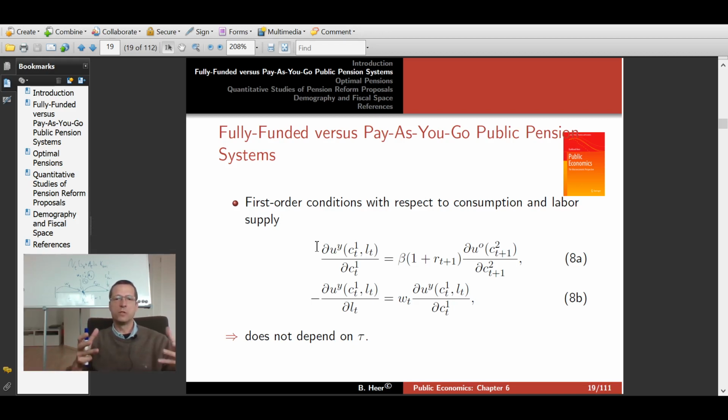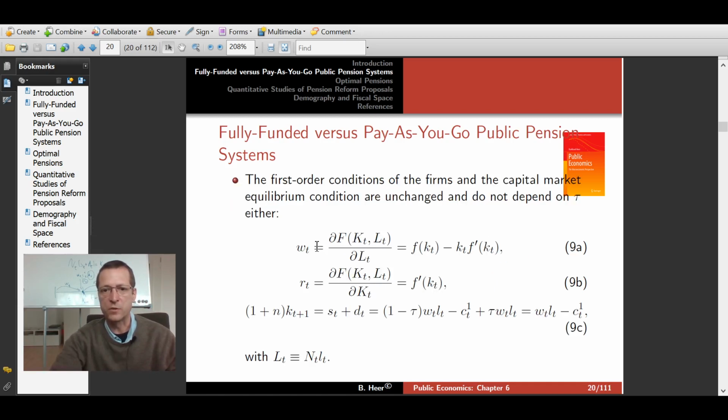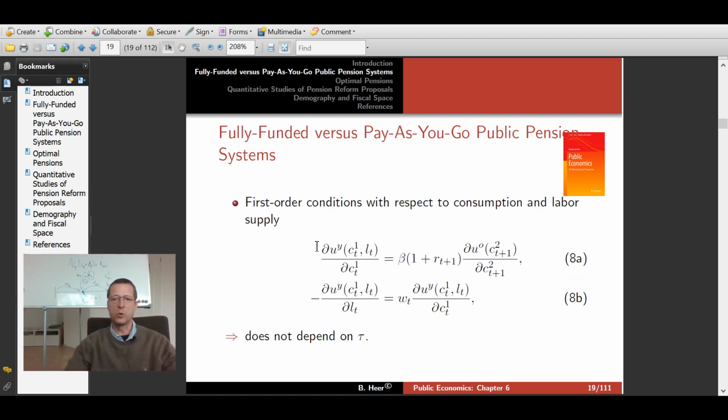Again, marginal utility from consuming 1 unit today, that's the left-hand side, must be equal to the increase in lifetime utility in period t plus 1, so 1 plus RT plus 1 times the marginal utility in period t plus 1. Oh, I'm sorry, the factor beta here should be dropped. Sorry for this. This is a typo.